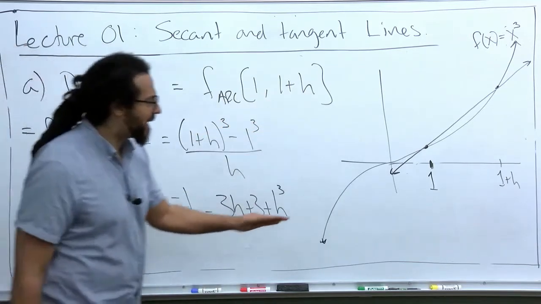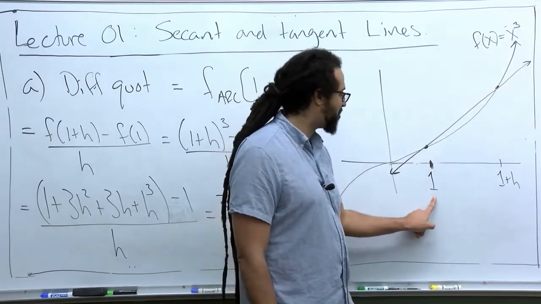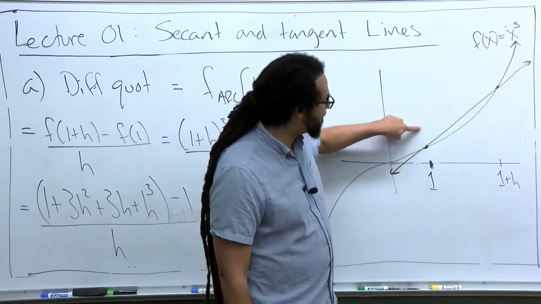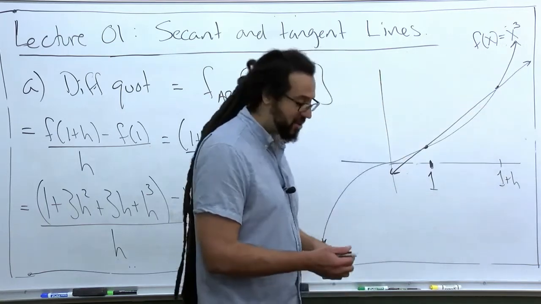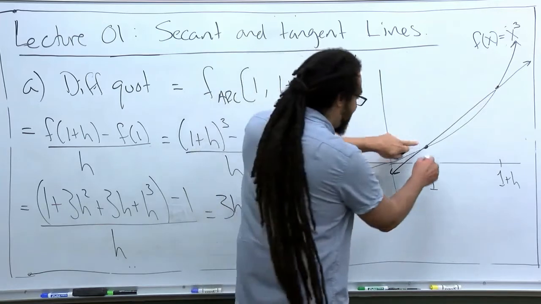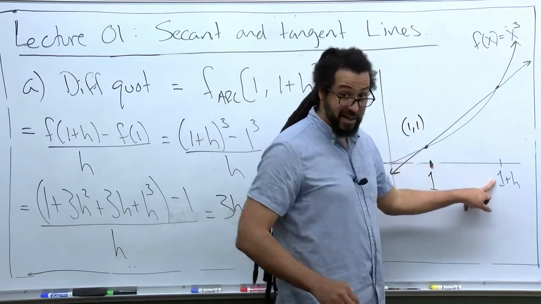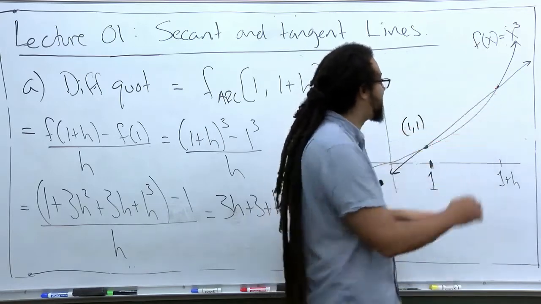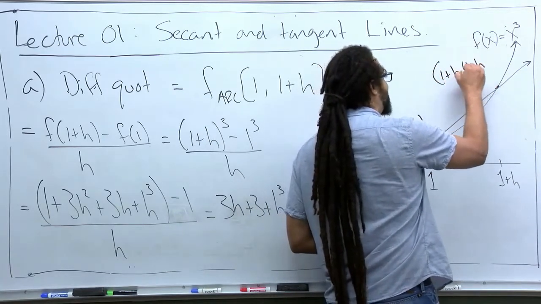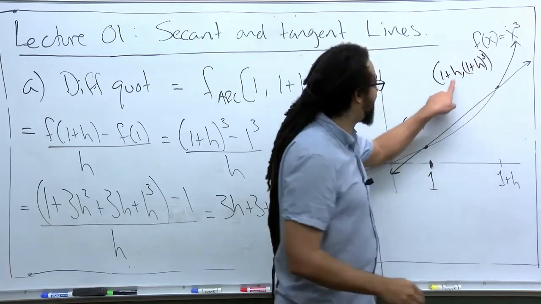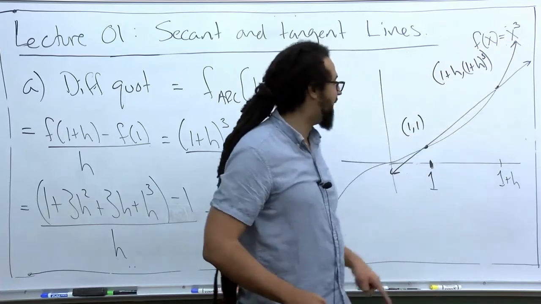Remember what that is: it's the slope of the secant line connecting the two points (1, 1 cubed) and (1 plus h, 1 plus h cubed). This is the point (1, 1), and if this is any old x coordinate 1 plus h, then this point is (1 plus h, 1 plus h cubed). I'm just taking 1 plus h, plugging it into the function. That tells me the height.